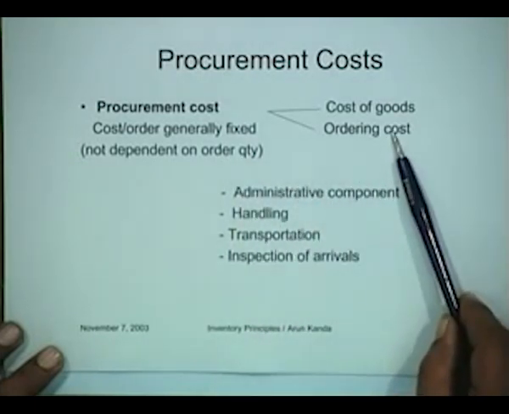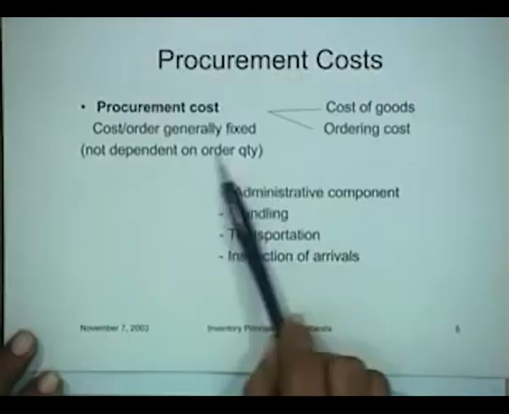I hope you are convinced of this, because let's again take a small example and say for instance that there is a shopkeeper who has to replenish his stocks every week. So what he probably does is that he engages every week a three-wheeler or a taxi, depending upon his financial position.